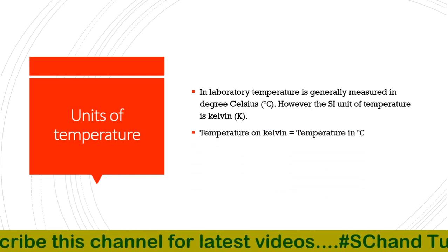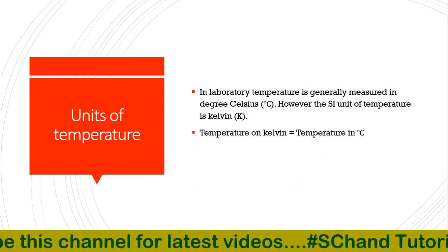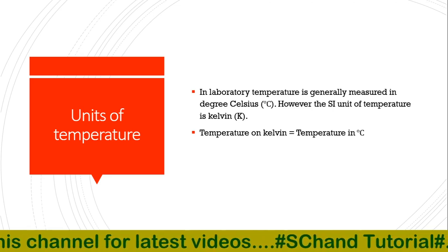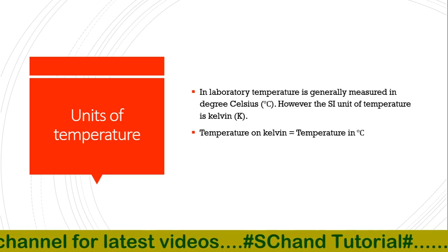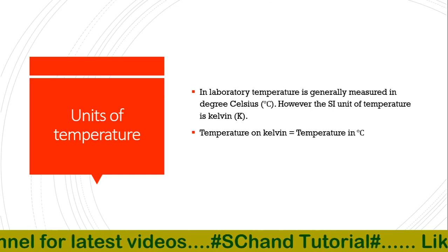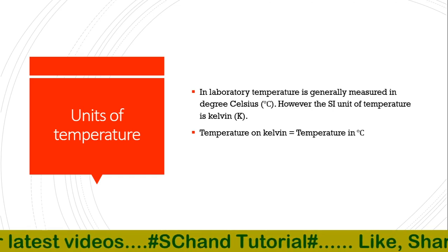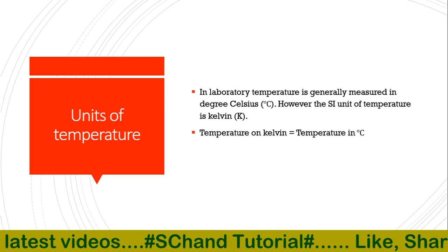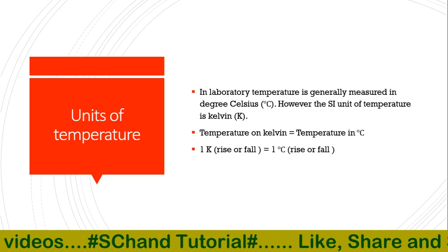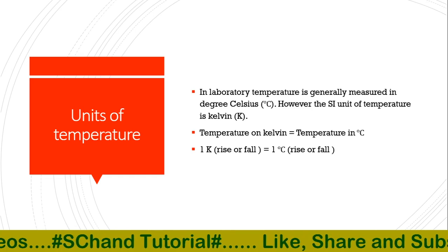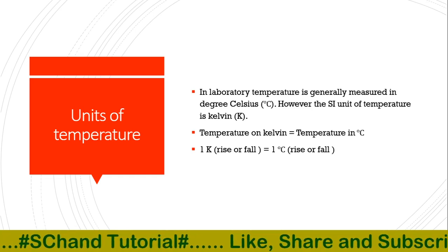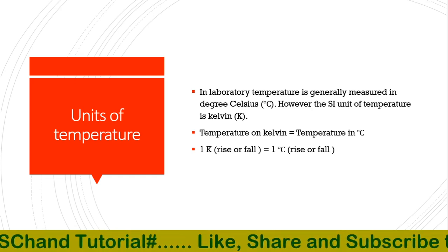Temperature on the Kelvin scale is equal to temperature in degrees Celsius, because both the scales have 100 divisions. So 1 unit rise in temperature on the Kelvin scale is equal to 1 degree rise in temperature on the Celsius scale, and vice versa. So 1 Kelvin rise or fall is equal to 1 degree Celsius rise or fall.